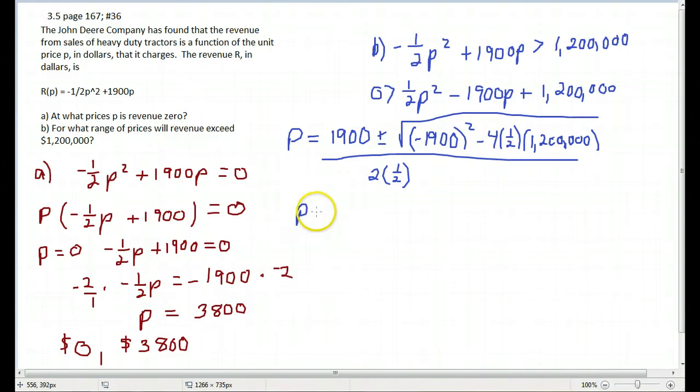So we have P equals 1900 plus or minus the square root of, if I square negative 1900, I get 3,610,000, minus, now if I take 4 times 1/2, I get 2, times 1,200,000, I get 2,400,000.